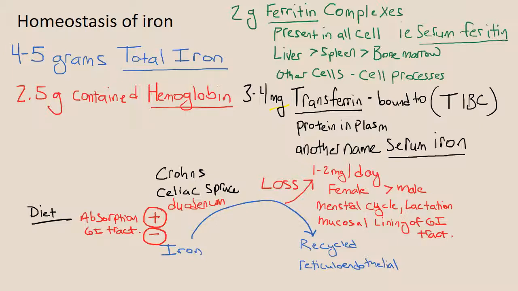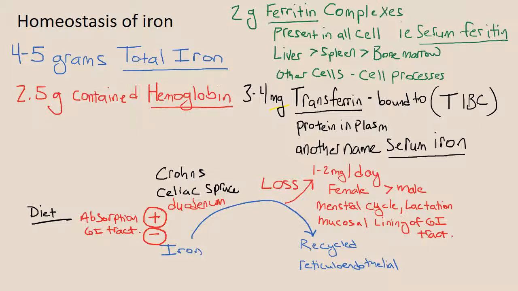Okay? So our bodies don't have a way of excreting iron, so if we get too much, we're kind of screwed. But we do have a loss of 1 to 2 milligrams per day, depending on our situation. Females, because of menstruation and lactation, will lose more.